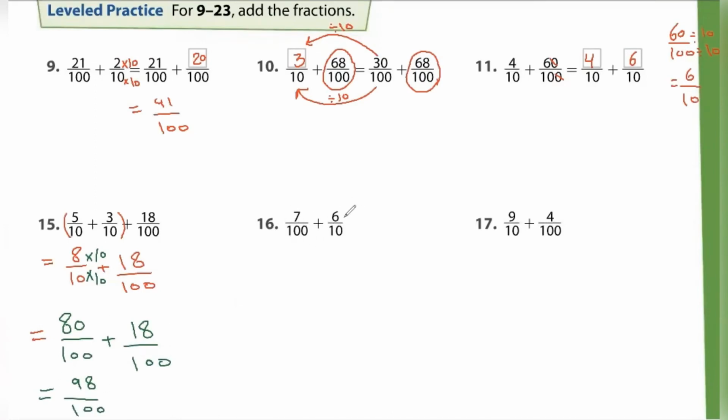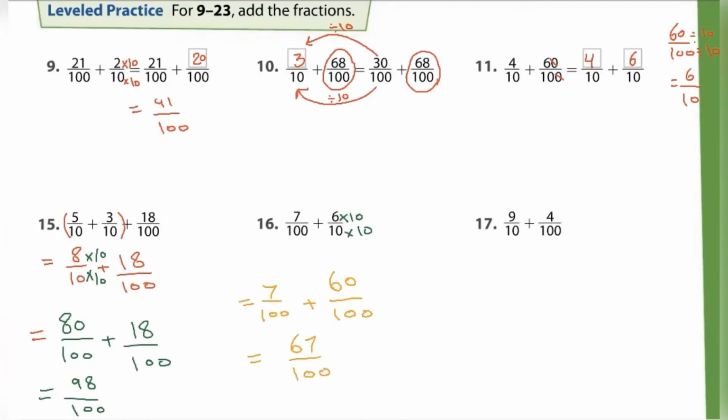Number 16, convert this fraction, multiply by 10 up and down, equals 7 out of 100 plus 60 out of 100. It will be 67 out of 100.